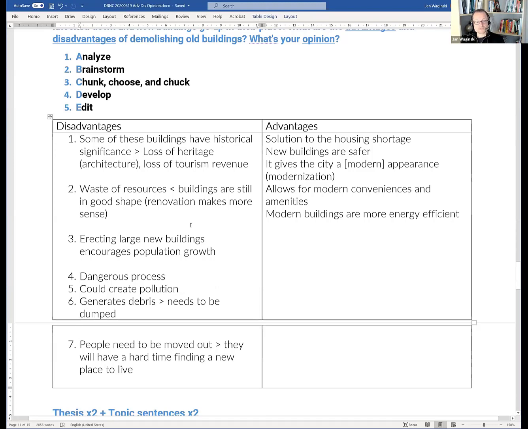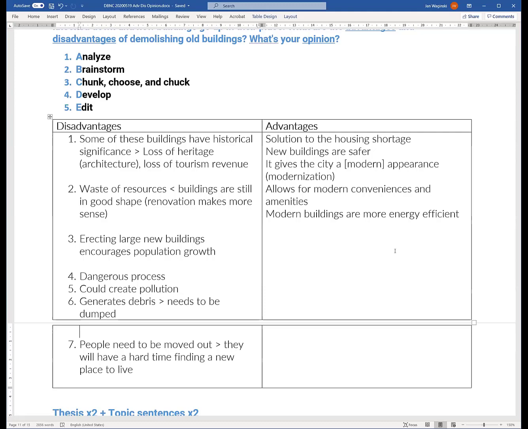points. Which side do you think is easier to agree with? This is a question for all of us. Which side do you think is easier to agree with?